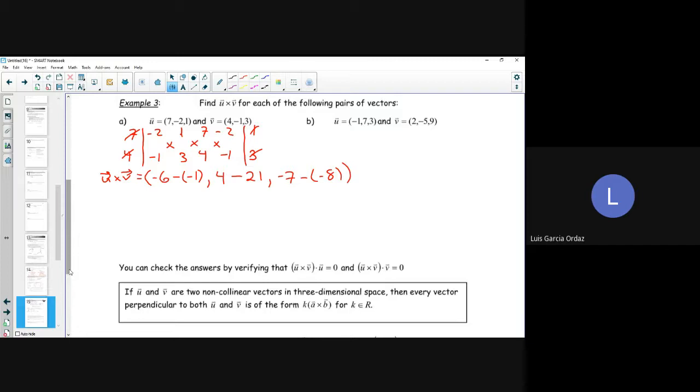Which means that my cross product of these two vectors is the vector negative 5, negative 17, and 1. Remember, this is my x, this is my y, and this would be my z.